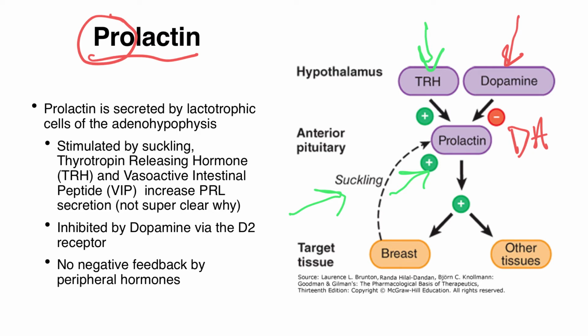Because there's just dopamine feed-forward mechanisms to shut off prolactin in the brain, and then suckling is a mechanical stimulation to turn on and turn off prolactin secretion as well, we don't specifically have a negative feedback by any peripheral hormones in this system, which means we're mainly going to mess with dopamine to alter levels of prolactin secretion in the body.